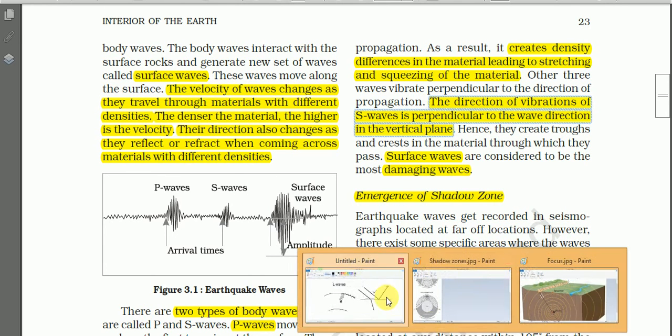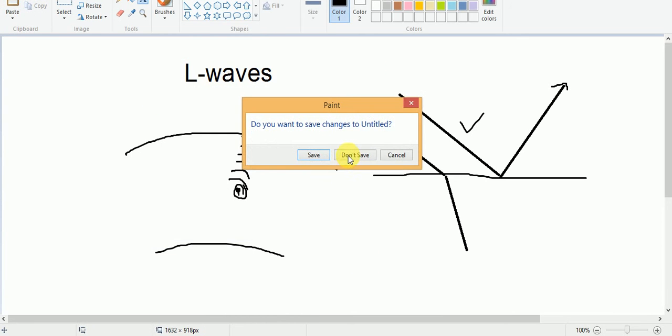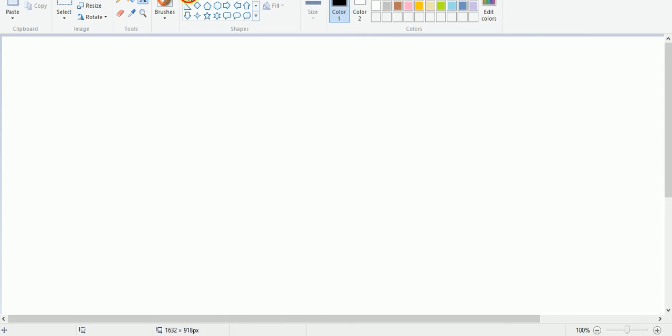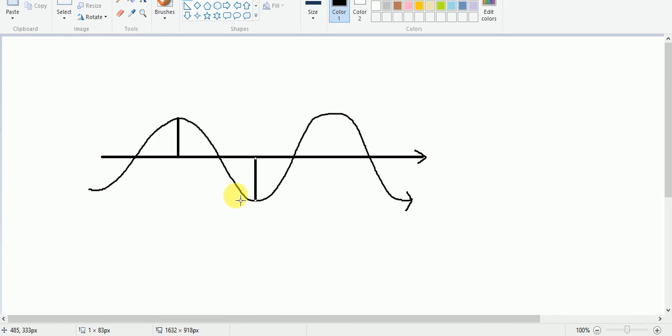So in this case, let us say this is the direction of movement of the wave. In case of this S wave, it is perpendicular in this way. So this is about the S wave, and here the direction of movement is perpendicular.